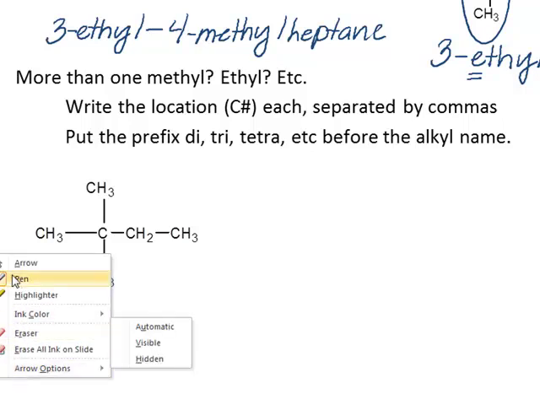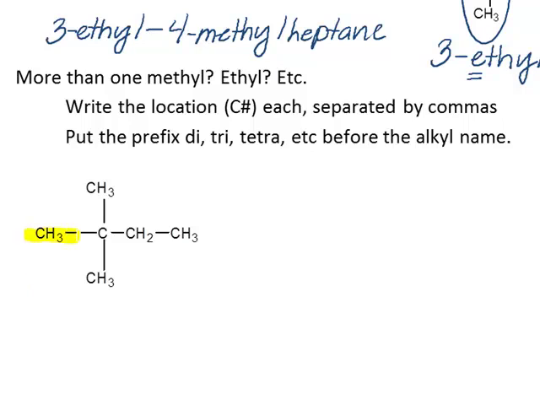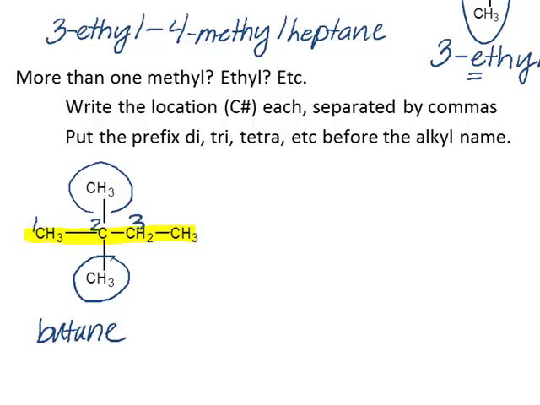Okay, I want to find the longest possible chain. I like to pick the simplest one, so I'm going to go straight down the middle. I know that that chain is butane because it contains 4 carbons. I have 2 branches. One is this, one is that. If I number the chain, the easiest way to do it is 1, 2, 3, 4, starting on the left.